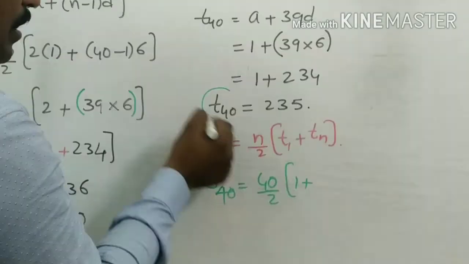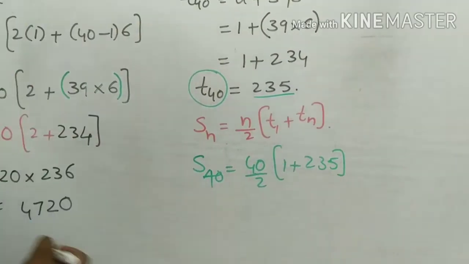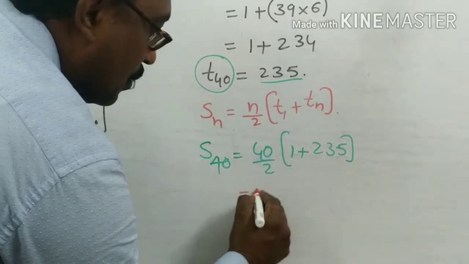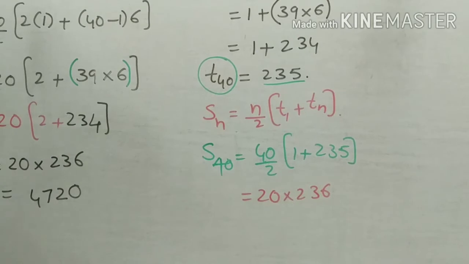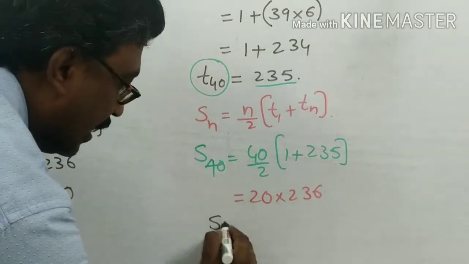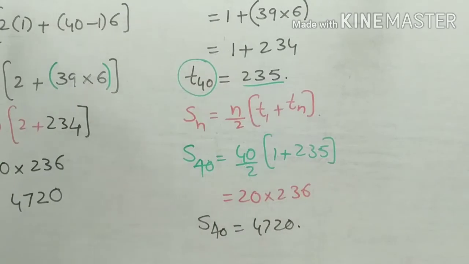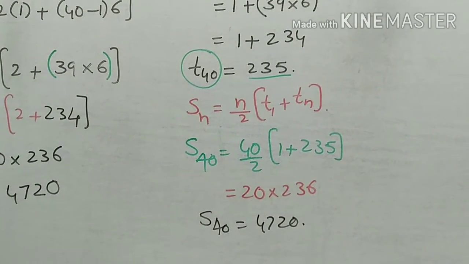The 40th term is 235. Now 40 by 2 is 20 into 236. So 20 into 236, answer is 4720. In any one way you can do, but you will get the same answer.